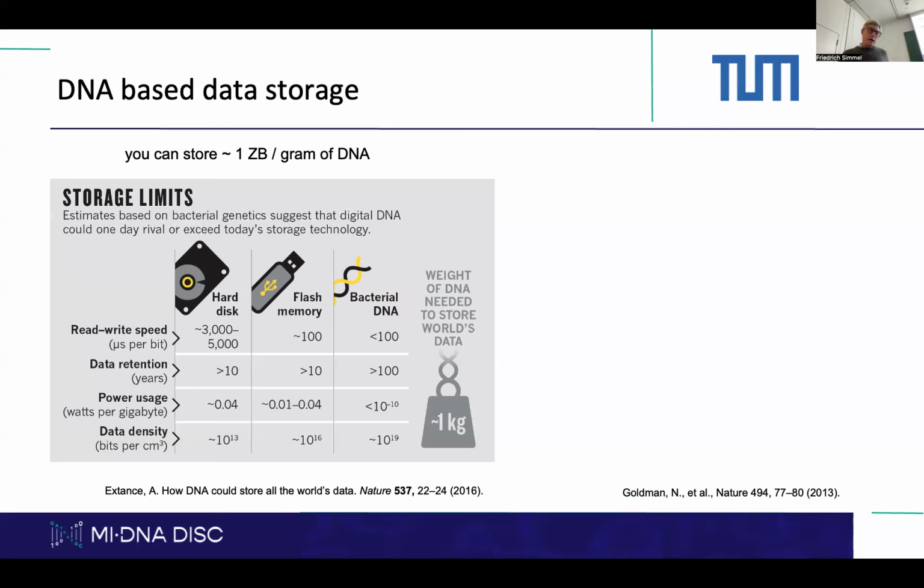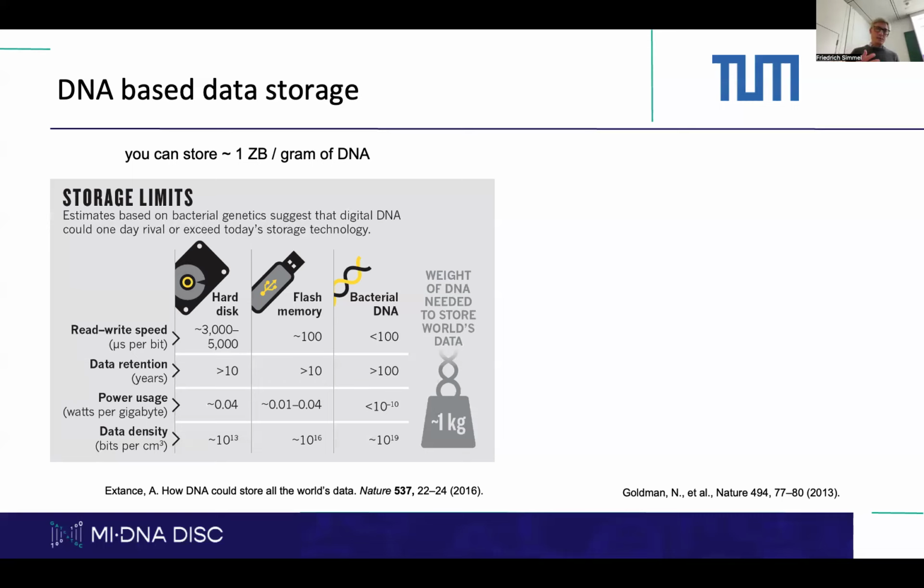This is why people came up with the idea that maybe DNA is the perfect data storage medium, because DNA in nature is used for information storage, and it is a molecular information storage medium, which means that it has an extremely high data density.